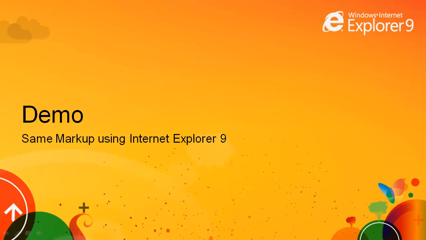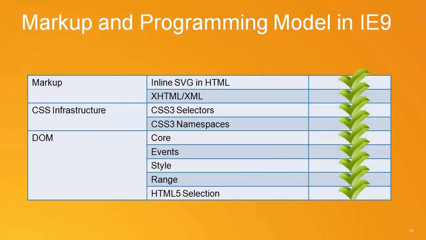So let's move along. As we could see, Internet Explorer 9 has raised the bar compared to previous incarnations of Internet Explorer in terms of same markup compatibility. As I said before, the team really focused on improving this so that it behaves very much like all other modern browsers available today. If we focus on three main points, we have inline SVG in terms of markup in HTML and XHTML.